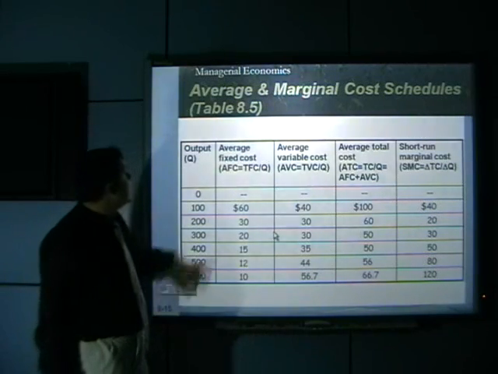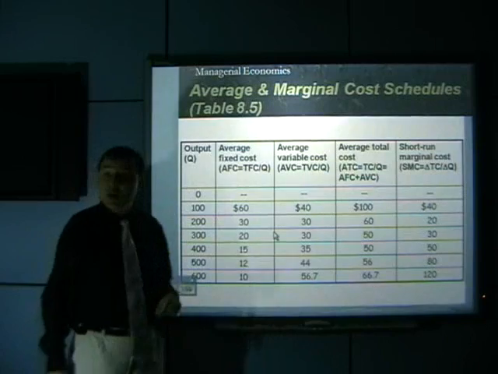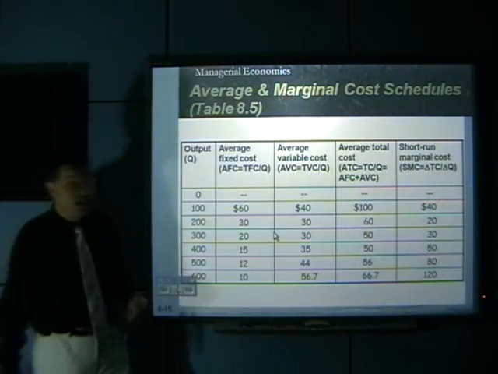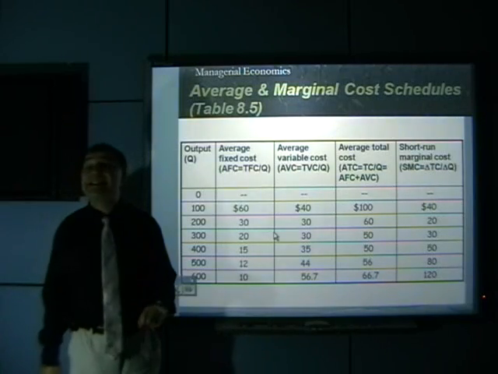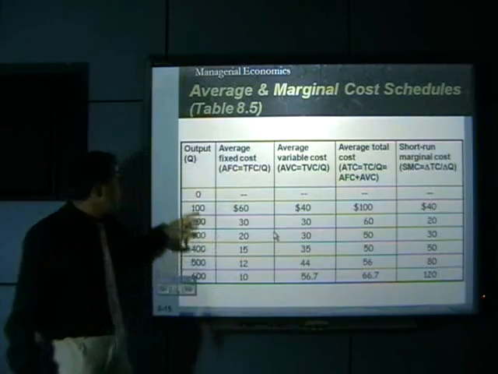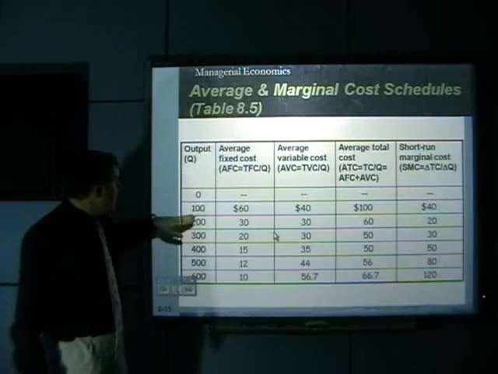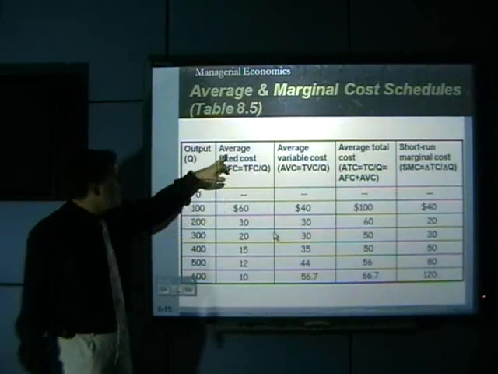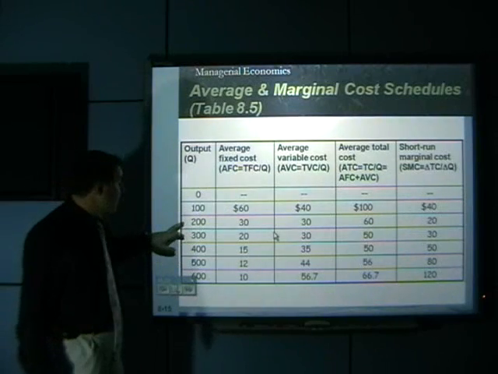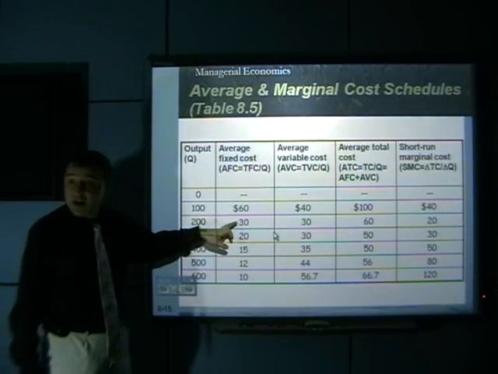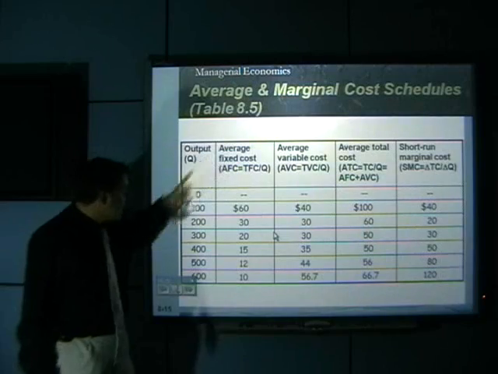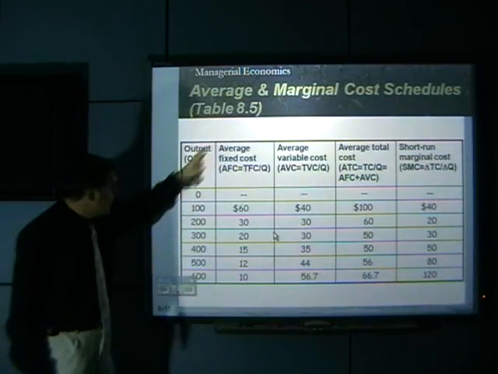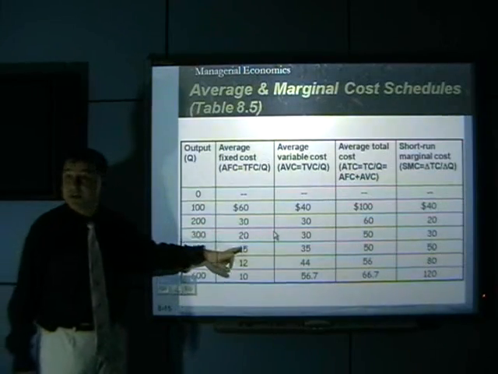And then we have the average fixed cost. So we somehow have to see what the cost was. The cost was like 6,000, remember that? So 6,000 divided by 100 is 60. It's fixed. It's 6,000 again divided by 200 is 30. 6,000 divided by 300 is 20, all right? 6,000 divided by 400 is 15.